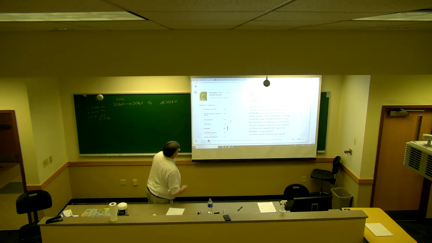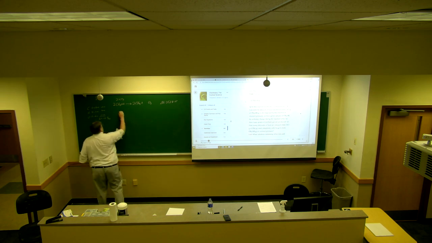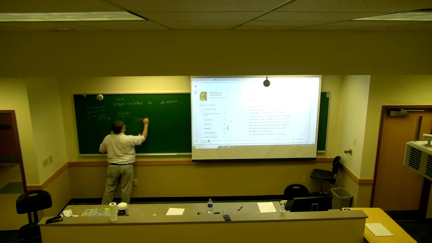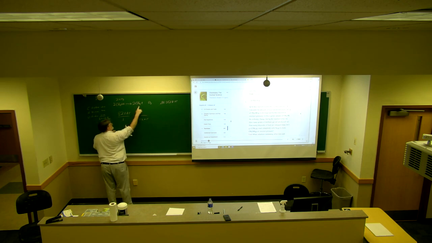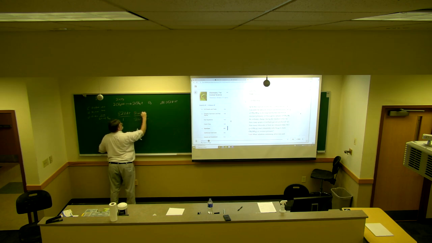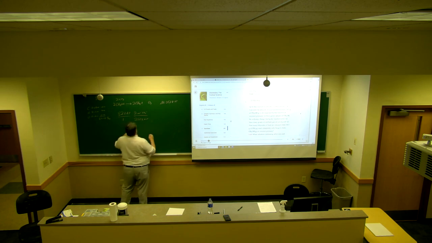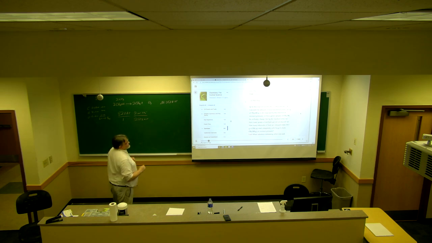All right, so 82.1 kilojoules. And then 252.8 kilojoules to 2 moles of methane. That's one of those relationships I wrote right at the beginning, but I had it flipped over. So I've got it flipped this time. So kilojoules cancel. We're in moles here, and then how many grams of methane?